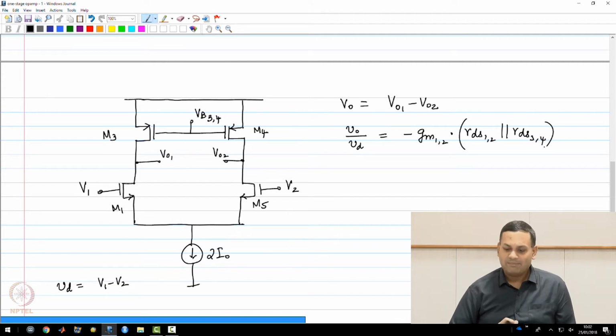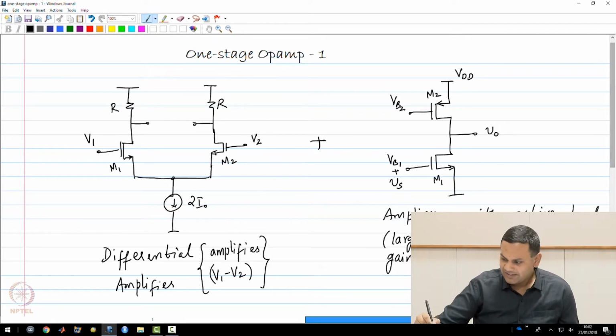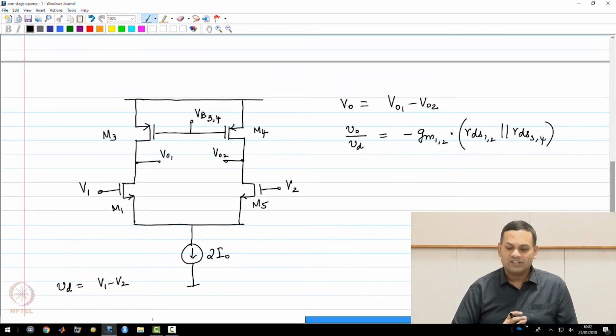This gain is the same as that of the common source amplifier with active load. But the advantage is that this circuit will also reject the common mode at the input.